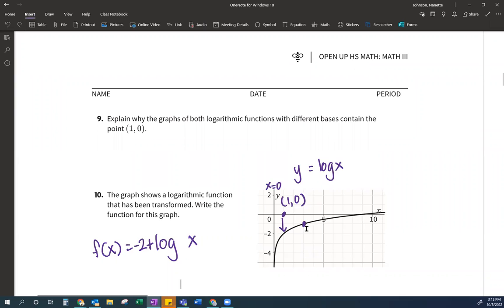So I'm going to take this point and shift it. See how it's down to here? I'm going to find where that point originally was by undoing this. So if this got moved down, I'm going to move this up to right here. That will help me figure out my base.